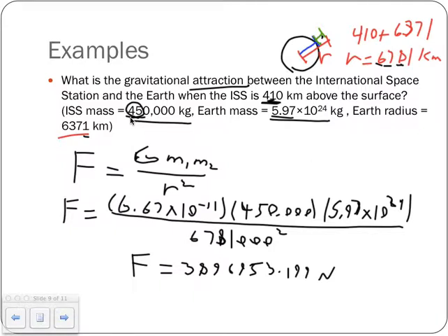So it's 3.9 million, if I'm looking at that right. Yep. So 3.9 million newtons would be the gravitational force of the Earth on the International Space Station, which would also be the force of the International Space Station on the Earth as well.